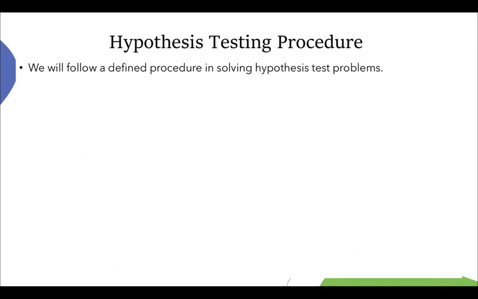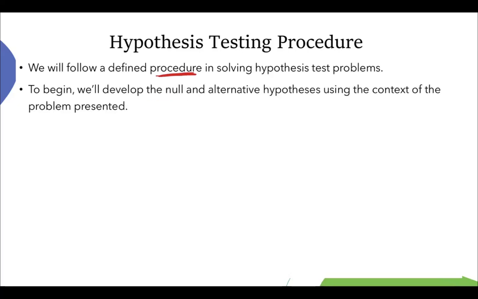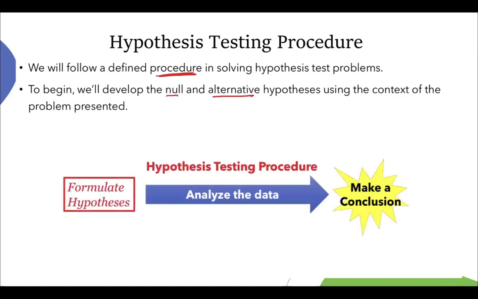What we're going to see in the following lectures on the hypothesis testing procedure is a pretty standard set of steps. We're going to start with the null and alternative hypotheses, and then we're going to end with a conclusion. To start, we write the words for our null and alternative hypotheses using the context of the problem presented. So that's step one.